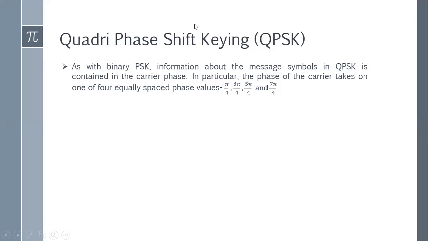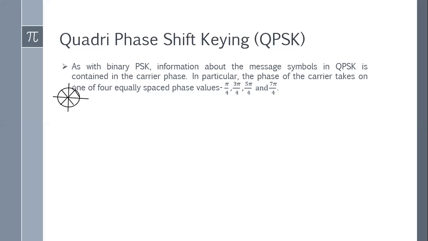If you have a circle like this and you divide it into four quadrants, you get four signals. I am dividing into pi by 4 or 45-degree angles, so I get these four quadrants. This is one quadrant, this is one quadrant, this is one quadrant, and this is one quadrant.